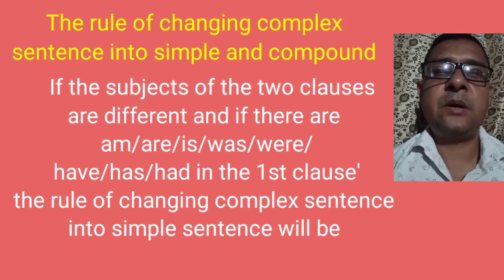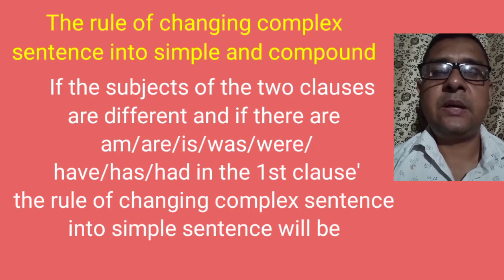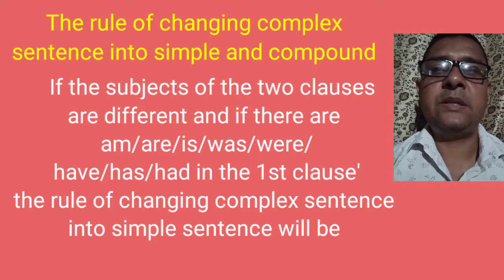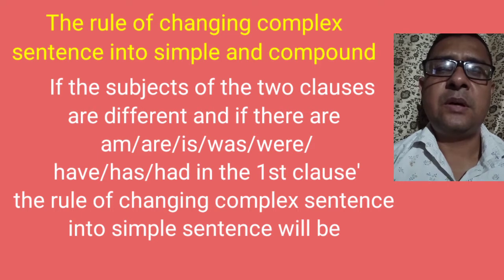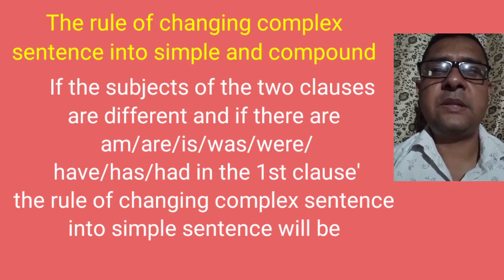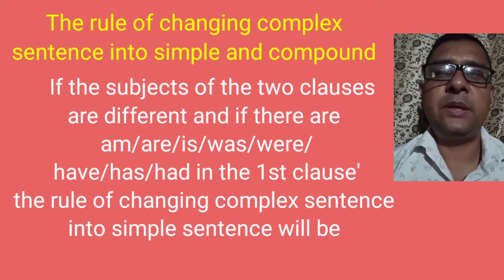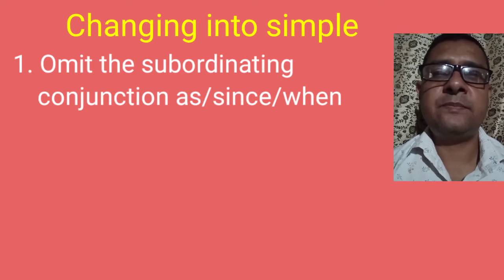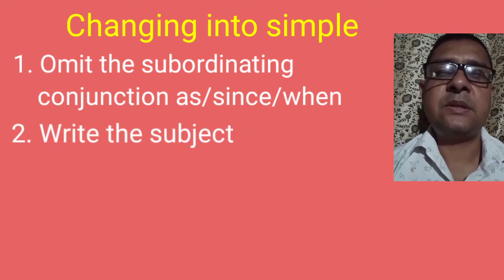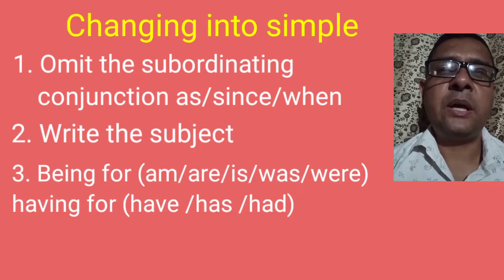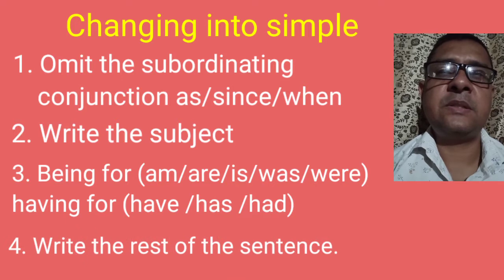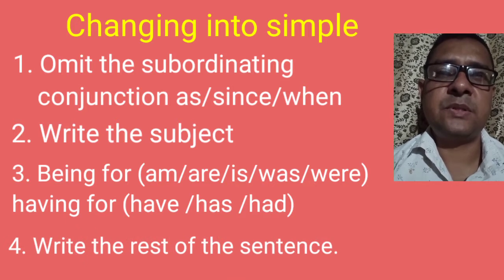If the subjects of the two clauses are different and if there are am, is, are, was, were, have, has, had in the first clause, the rule of changing complex sentence into simple sentence will be: omit the subordinating conjunction as, since, when, then write the subject, then being for am, is, are, was, were, and having for have, has, had, then write the rest of the sentence while changing into simple sentence.